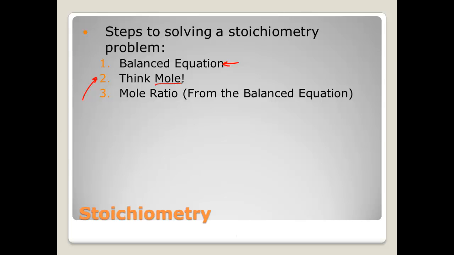Can't stress it enough. And then you use your mole ratio. This is basically your recipe, and this comes from the balanced equation. The mole ratio, that's what it's all about. So, stoichiometry in a nutshell.